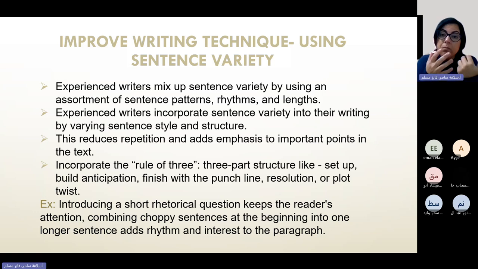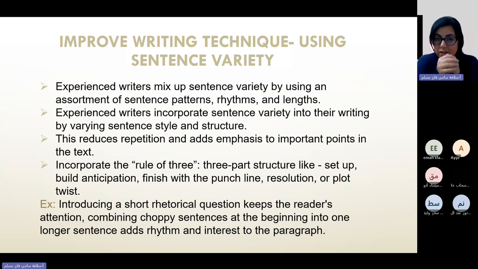The rhythm of the sentence, as you remember when we talked about types of sentences, may use the start of one sentence as the start of the next sentence, or the end of one sentence like the rhythm of the end of the next sentence.